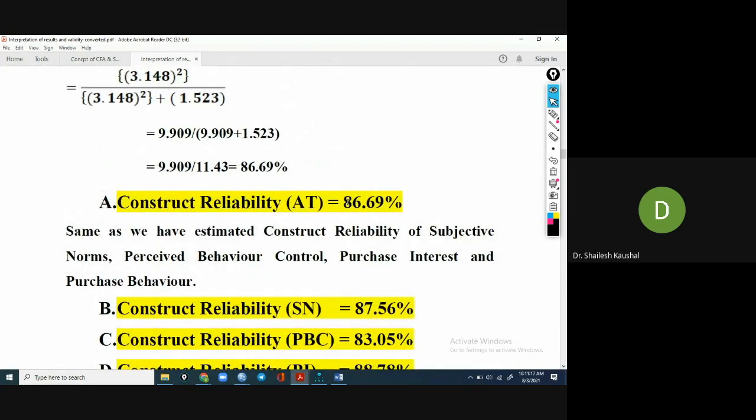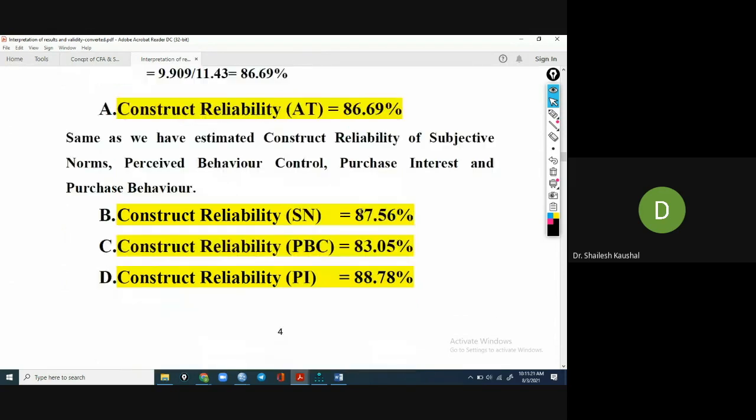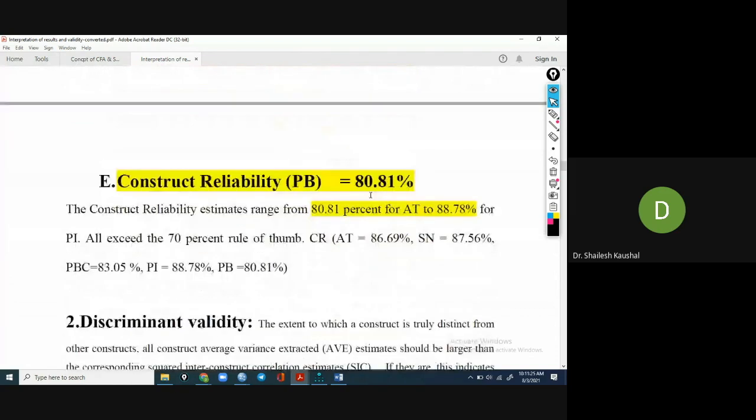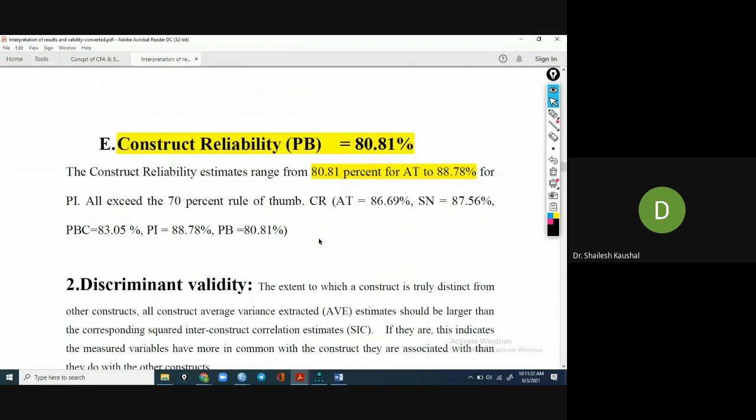Here it is 86.69%, 87.56, 83 point something, 88 point something, and 80.81. It means all the values exceed the 70% rule of thumb.